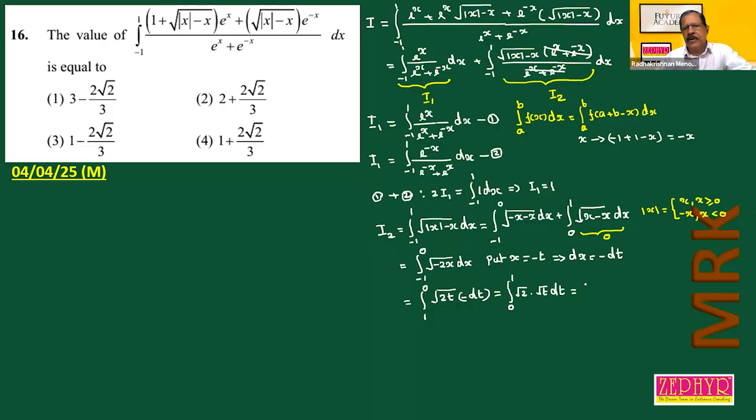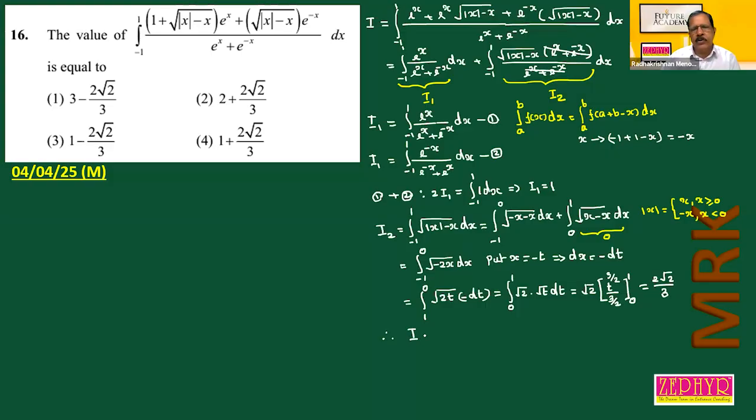You integrate it, root 2 into integral of root t, that is t raised to 3 by 2 divided by 3 by 2 between 0 and 1, which is equal to, when you put t is equal to 1, 2 root 2 by 3 minus 0. So this is I2. So we got the answer.